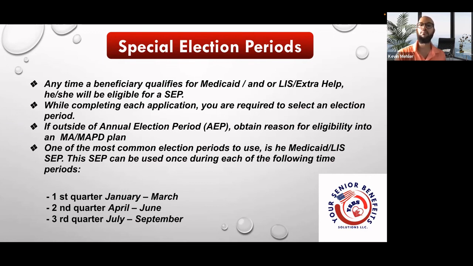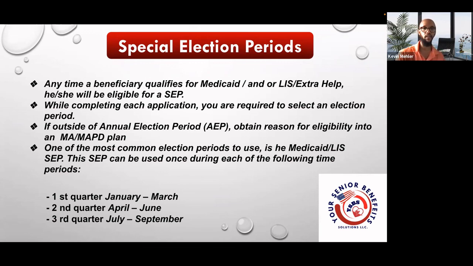Okay. Now, one of the most common election periods that we use is usually Medicaid or LIS, right? And you can use that once a quarter. So the first quarter is gone. Right now we're in the second quarter, April through June. And then the third quarter would be July through September. And from there on would be the fourth quarter, but we cannot utilize it because that's AEP.